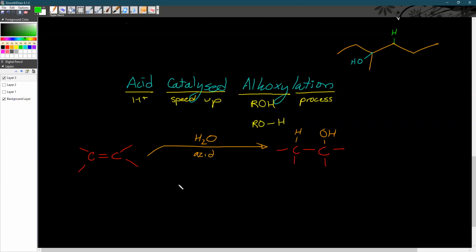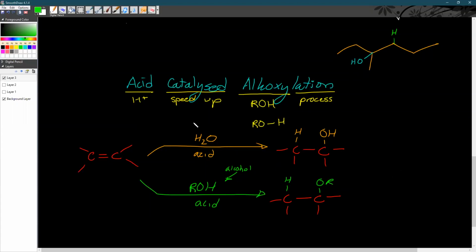What acid catalyzed alkoxylation is, is that instead of adding water, we're going to add an alcohol. Still going to use acid. And what we see happen in this case is that instead of adding H and OH, we're now going to add the H and the alkoxy group.